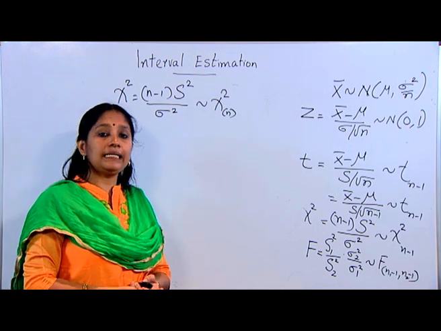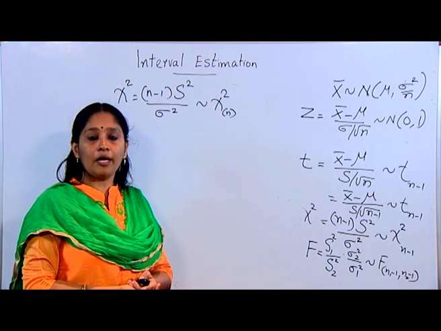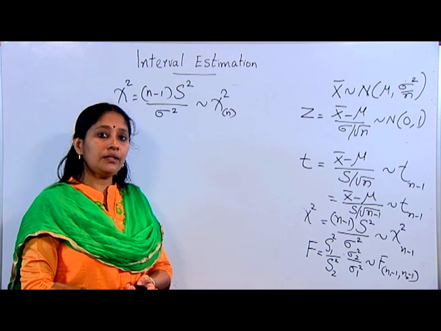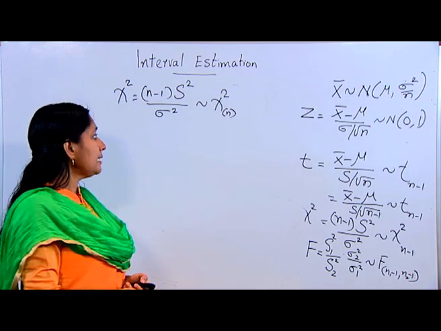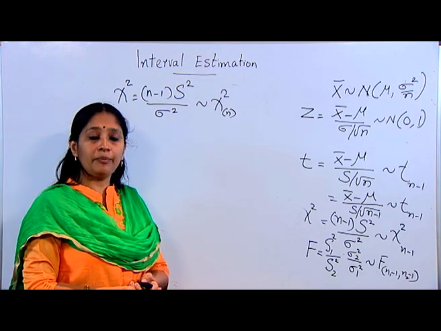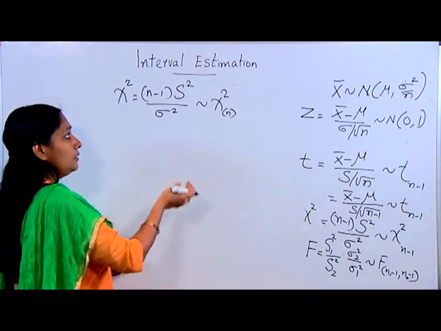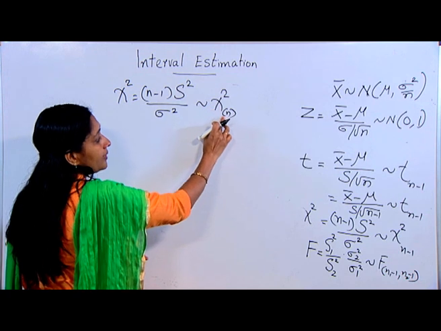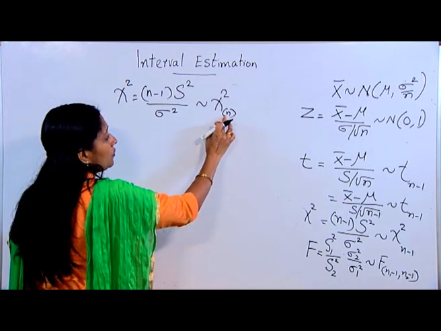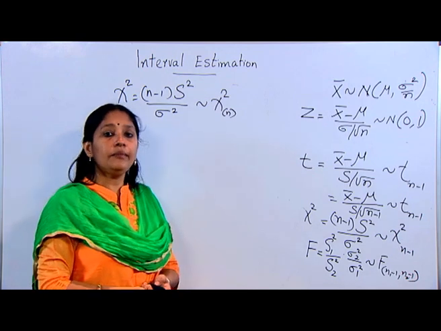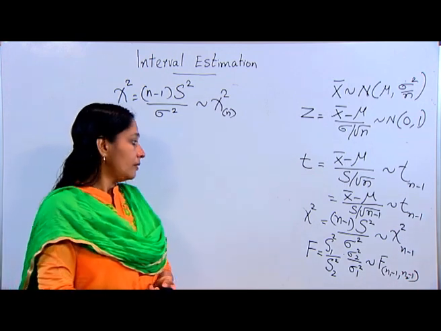That means we are taking a random sample from the normal distribution and you have to construct a confidence interval for sigma square. In that case, mu may be known or mu may be unknown. If mu is known, this will follow chi-square with n degrees of freedom. If mu is unknown, it will follow chi-square with n minus 1 degrees of freedom.